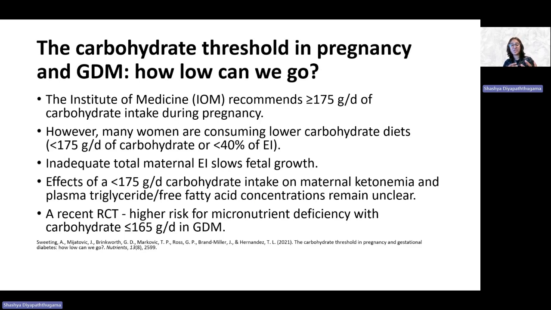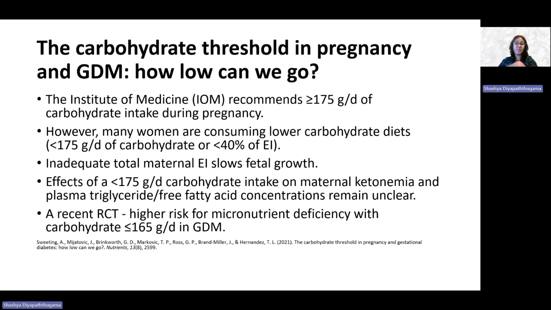Because people are trying to go for low carbohydrate diets when it comes to controlling gestational diabetes. The recommendation, according to the Queensland guidelines and also the IOM guidelines, is 175 grams per day. And as I said before, that should be divided evenly throughout the day, and we can tailor that according to individual needs as well.